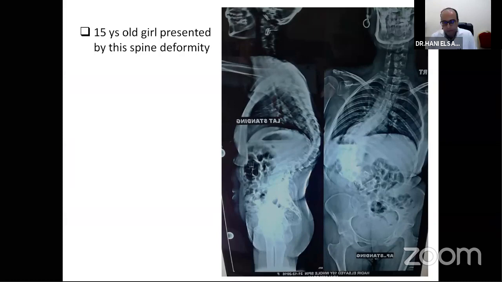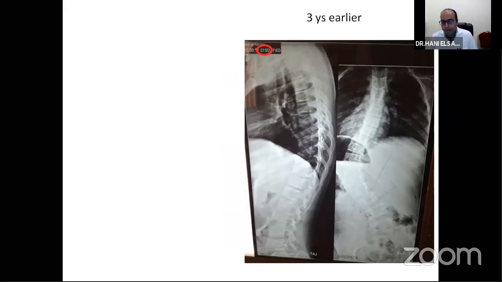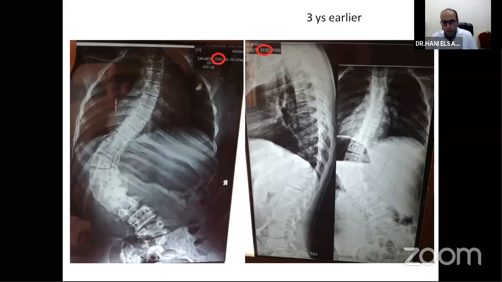This case, a 15 year old girl, presented with this high degree spine deformity. Three years earlier, we reviewed her X-rays. We found that she had an earlier mild deformity, which progressed to this moderate deformity after 2 years.